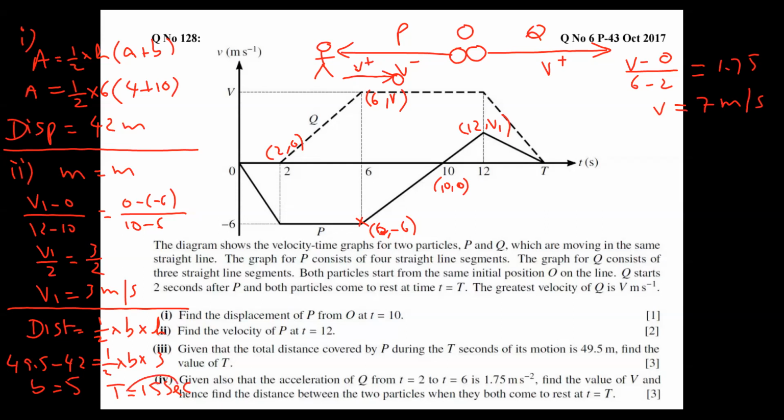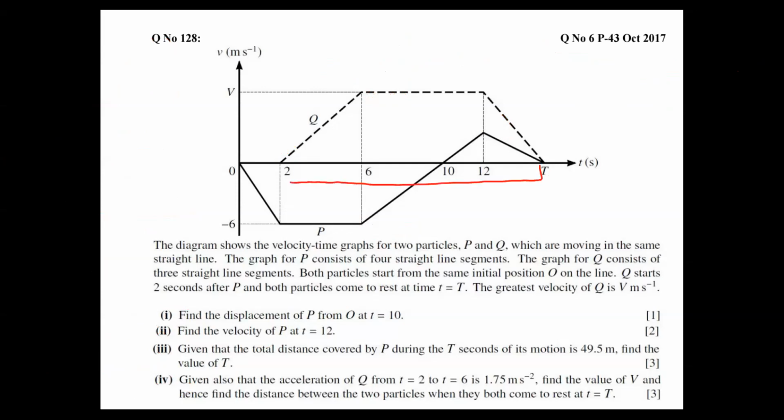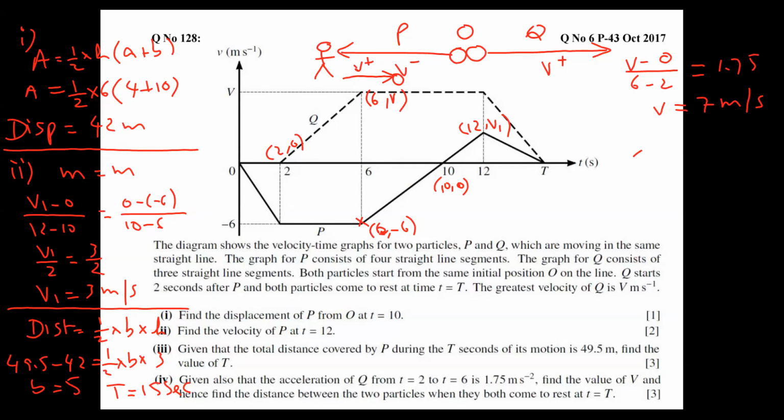So for this t, I use 15 here. If we talk about the gap from here to here, out of 15, the 2 is gone, so it becomes 13. So now I use the trapezium for the Q particle. This is because t is 15, and 15 subtract 2, I get 13. The gap on the top is 12 minus 6, so it becomes 6. The height of the trapezium becomes 7.